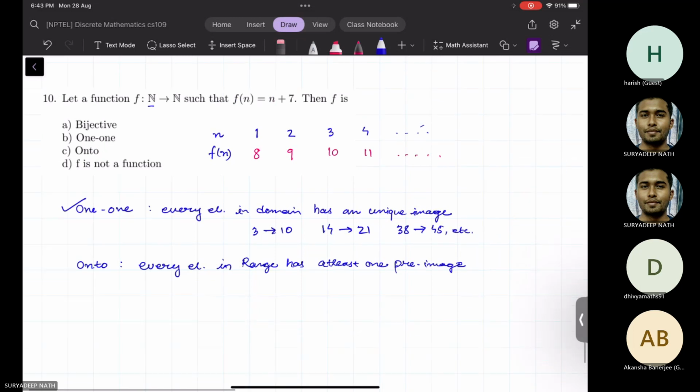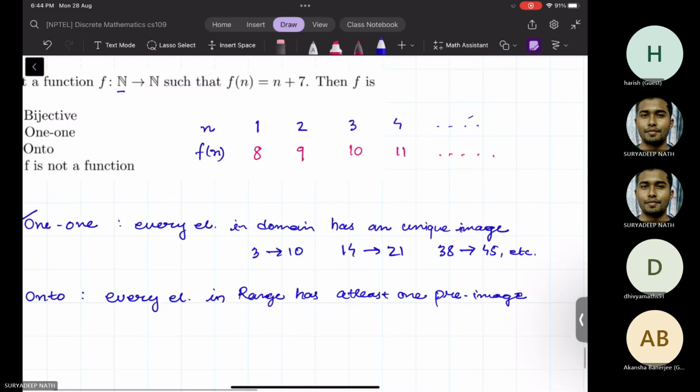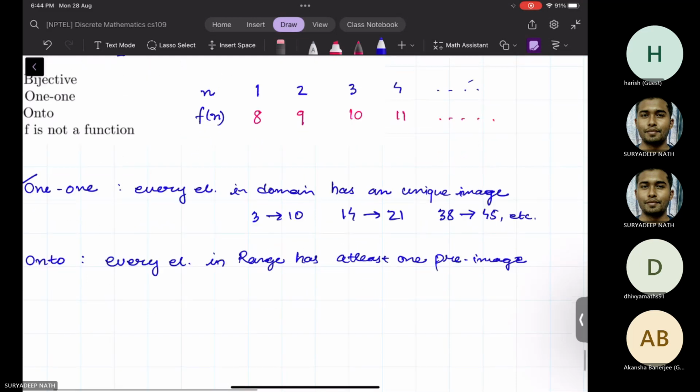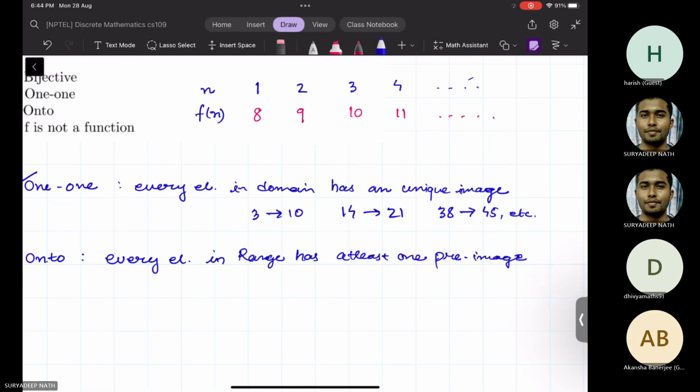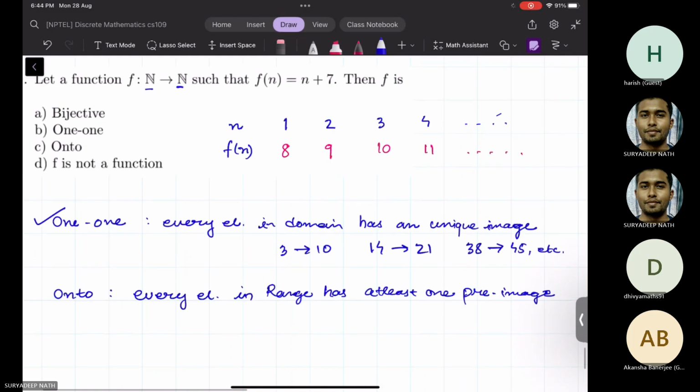Now tell me whether this is true or not. Can you give me an example where this is not true? Can you give me an exception where this statement does not hold? So your range is again your natural number. So give me one natural number which does not have a pre-image in the domain set.